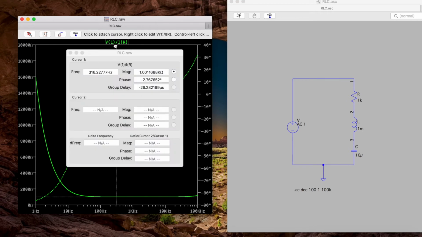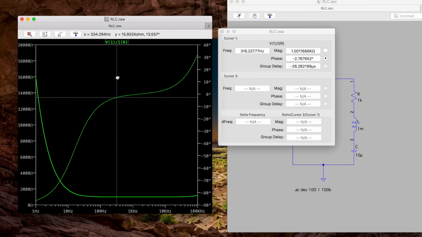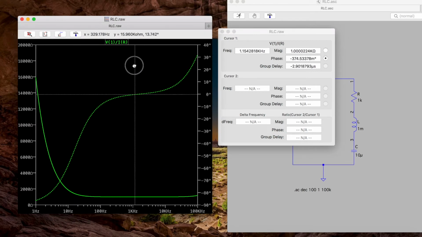Now attach a cursor to the phase, and now we can see that at 1.6 kilohertz the phase is 0, and that's what we've calculated before.